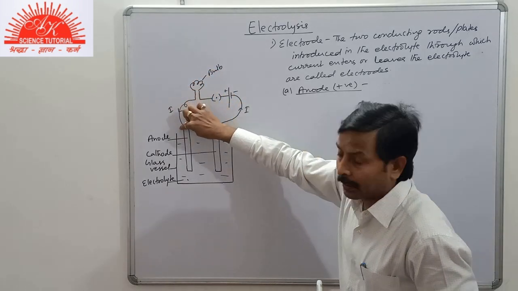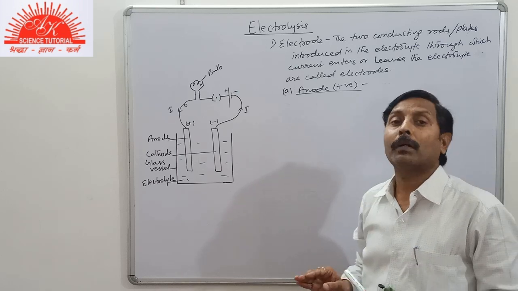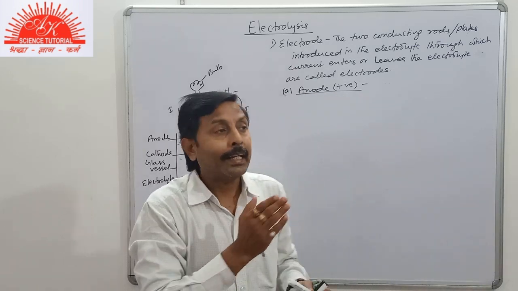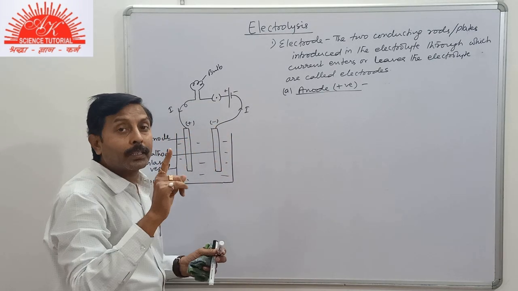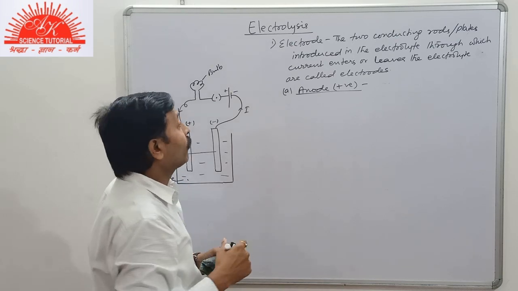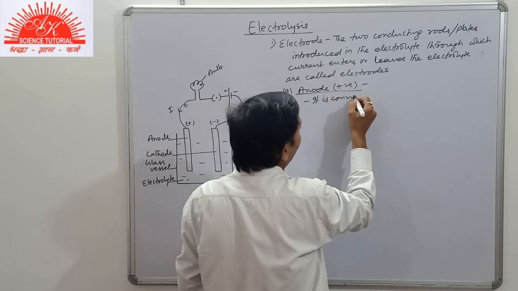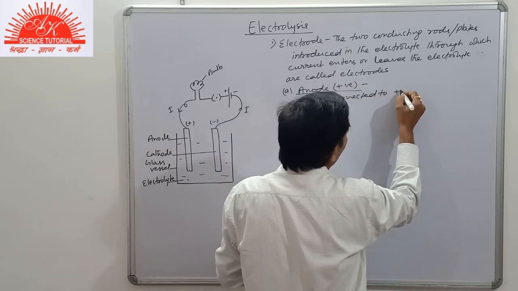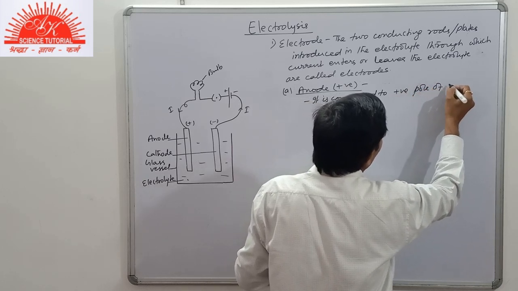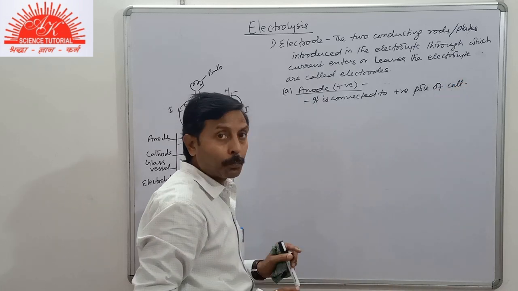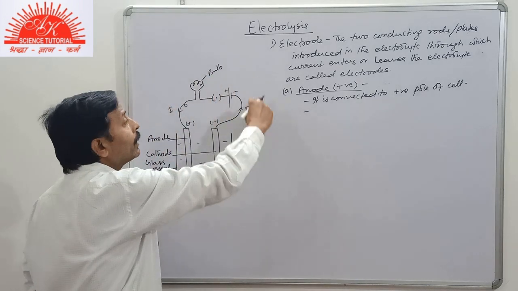Current is entering here. And the third point is that you have studied in the previous example that at anode, anions on migrating to anode lose extra electrons. So oxidation takes place. So in short form we can write here, it is connected to the positive terminal or pole of the cell. First point. Second, as we know, current passes from positive to negative.